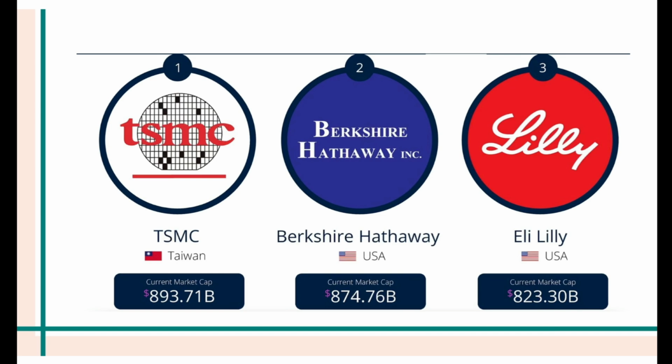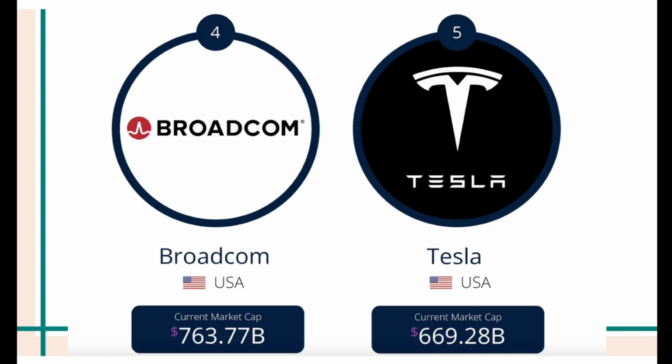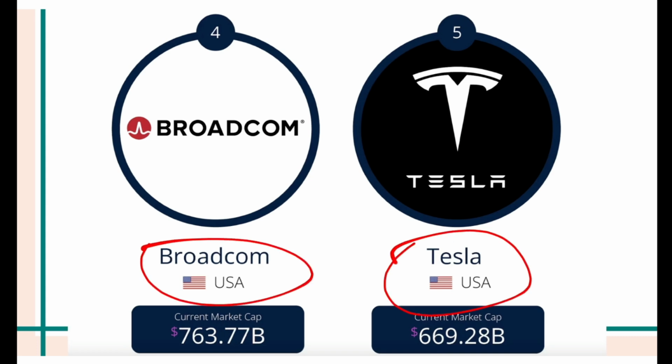Now there are some companies which can become trillion-dollar businesses very soon, like Taiwan Semiconductor Manufacturing Company. It is valued very near to 1 trillion. Berkshire Hathaway, which is an investment company by Warren Buffett, so 874 billion. Eli Lilly, American pharmaceutical company, it can also become a trillion-dollar company. Broadcom, American company, and Tesla, electric vehicle company from America, can also become trillion-dollar company.